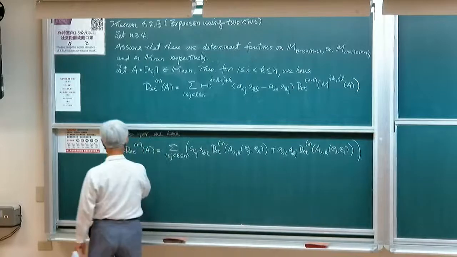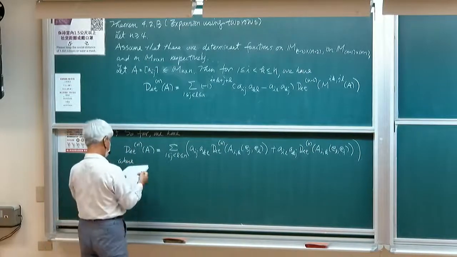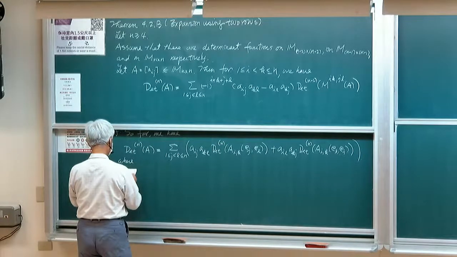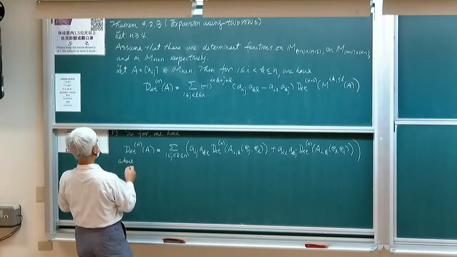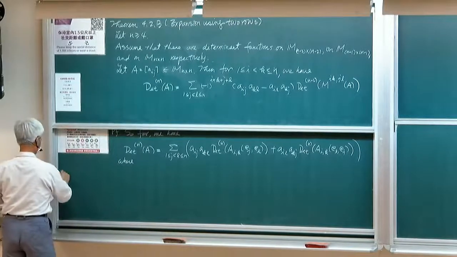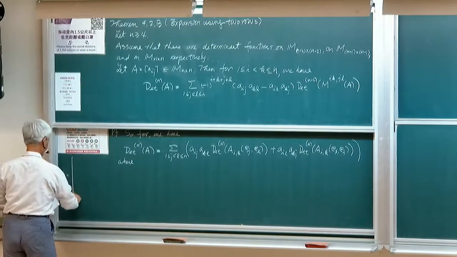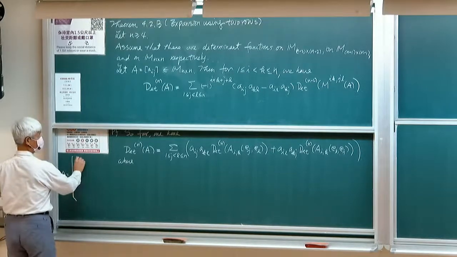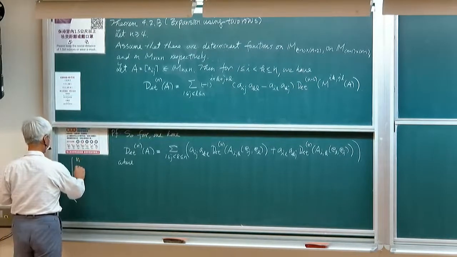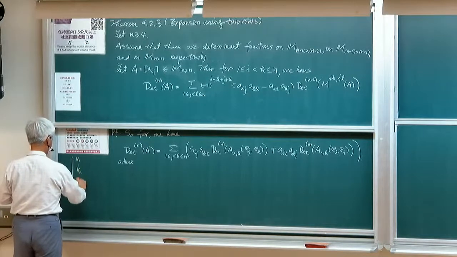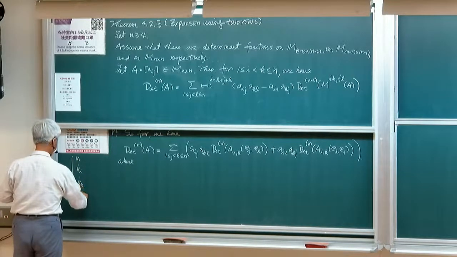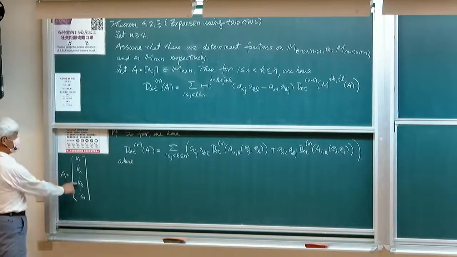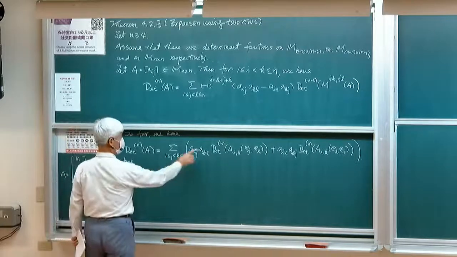And we know we can express the matrix A by its rows, say R1 up to Ri up to Rk up to Rn, right?